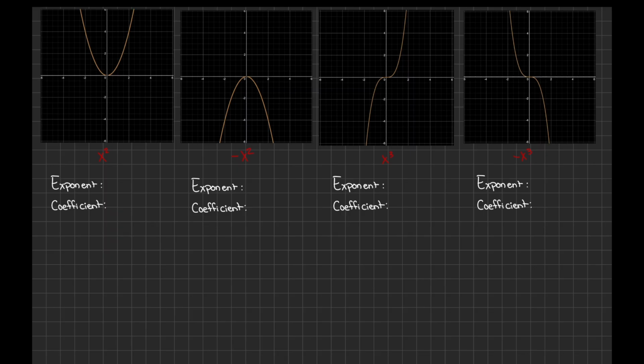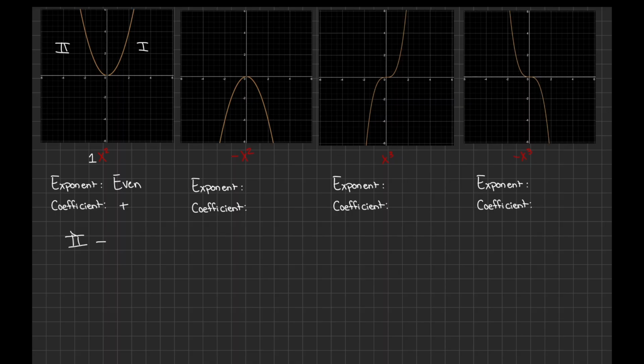And so let's try to come up with some general rules for what we've just established. So here I've come up with the four basic shapes that we listed off earlier. And for each one, we're going to identify the behavior in the quadrants. So, for example, here, when the exponent is even, because 2 is even, and the coefficient is positive because it's like there's a 1 there, we can see it goes from quadrant 2 to quadrant 1.